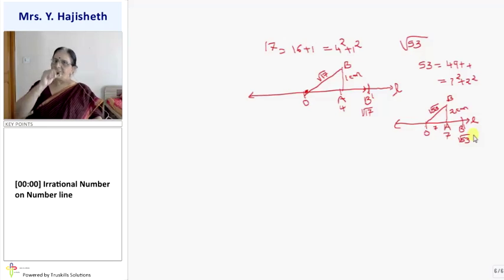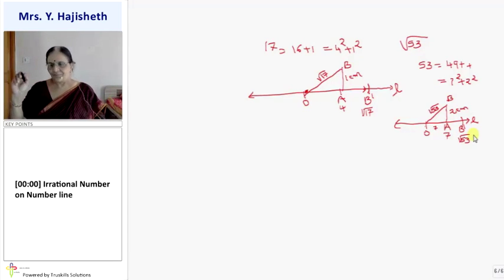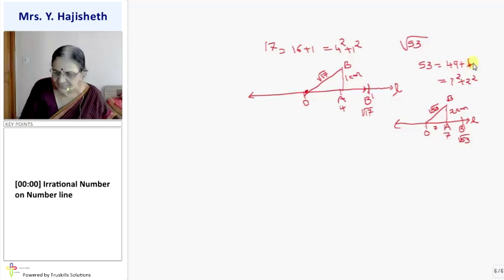Clear? So are you clear how to represent big irrational number on a number line? You need not repeat the procedure. If the number can be expressed as a sum of 2 perfect squares, then you can do this.